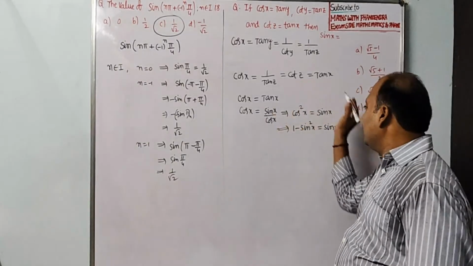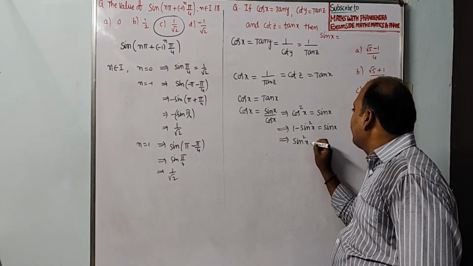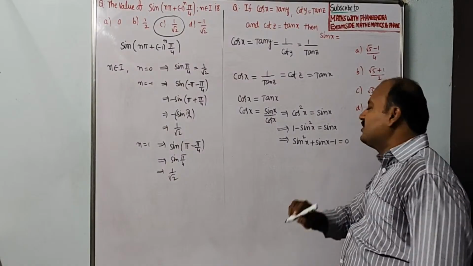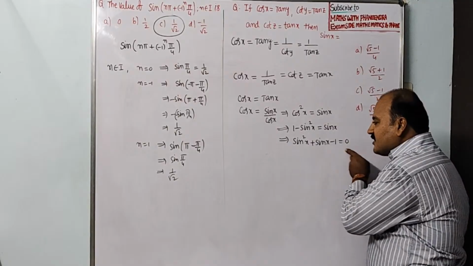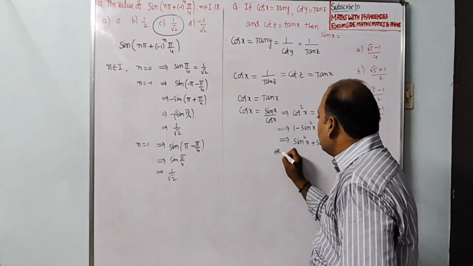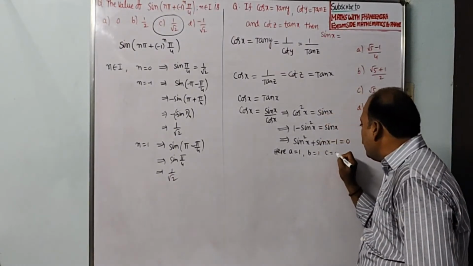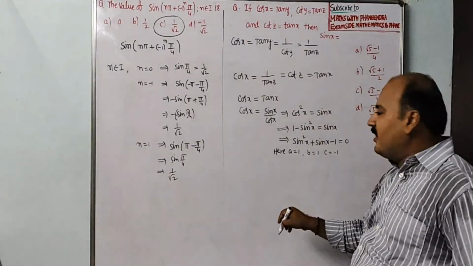So bring these values to the side, that implies sin square x plus sin x minus 1 equal to 0. It is in the form of ax square plus bx plus c equal to 0. So here a equal to 1, b equal to 1, c equal to minus 1.